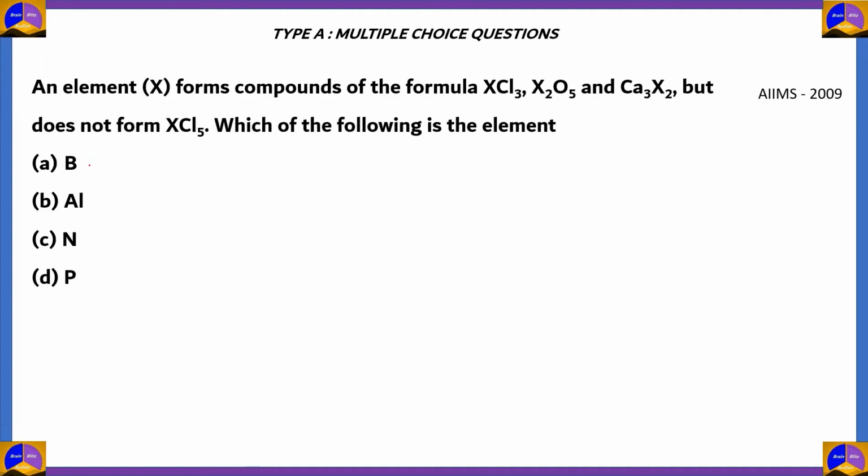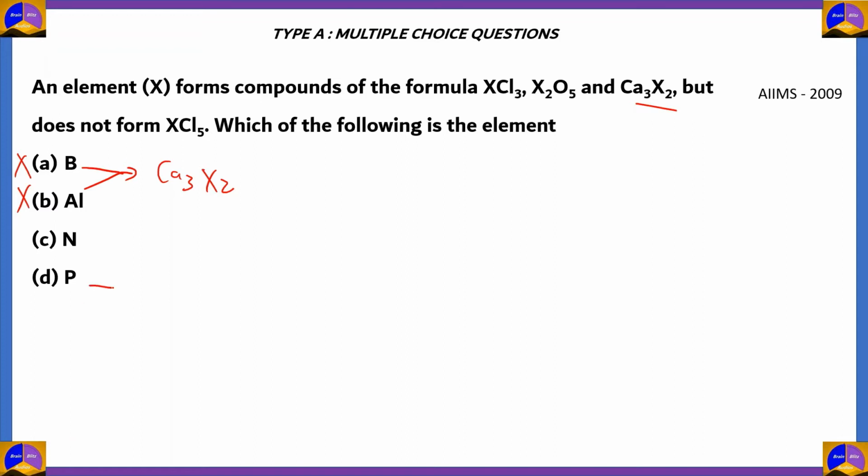However, since they are metals, these two elements do not form Ca3X2. So therefore, options A and B are incorrect because these two options do not follow the first condition of forming Ca3X2. So now we have nitrogen and phosphorus left.